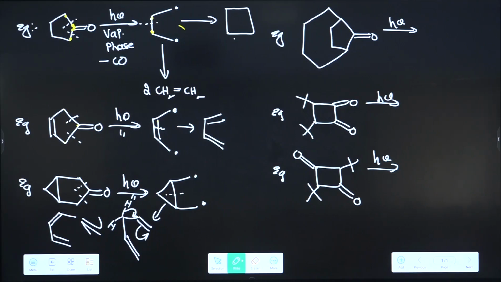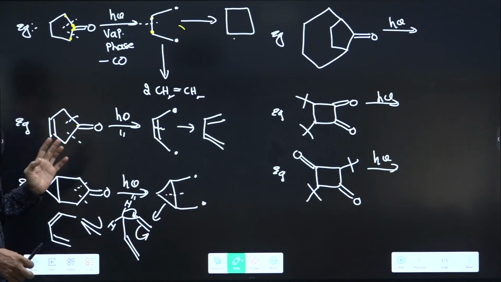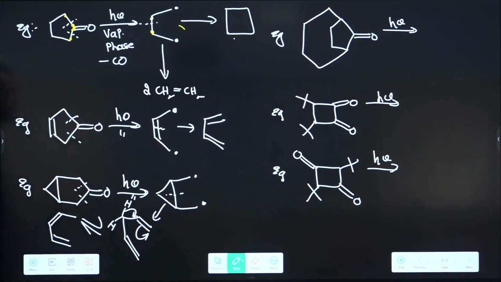If the adjacent carbon is sp3 without having a gamma carbon, most probably it is Norrish 1. Is it a decarbonylation or not? Yes. Decarbonylation everywhere. Decarbonylation reaction.